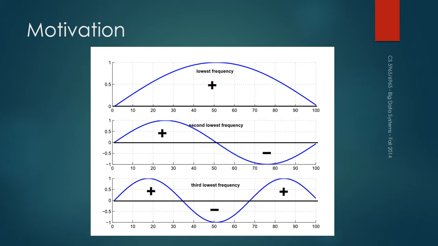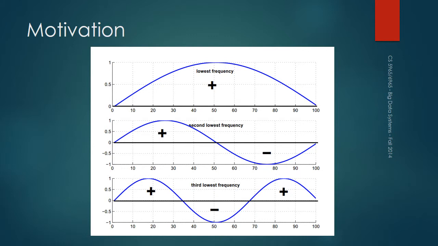So you're going to get higher and higher frequencies. The eigenvector corresponding to, and this frequency plot is like an eigenvector, the eigenvector corresponding to the second lowest eigenvalue is going to give you a way to partition your nodes efficiently into two parts.